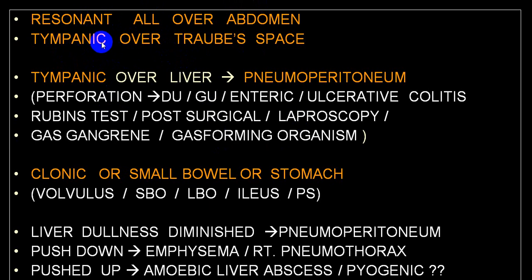If the tympanic note disappears, it can be because of cardiac pathophysiology, lung pathophysiology, or because of pathophysiology in the stomach like gastric carcinoma, with absence of gas in the fundus part of the stomach.